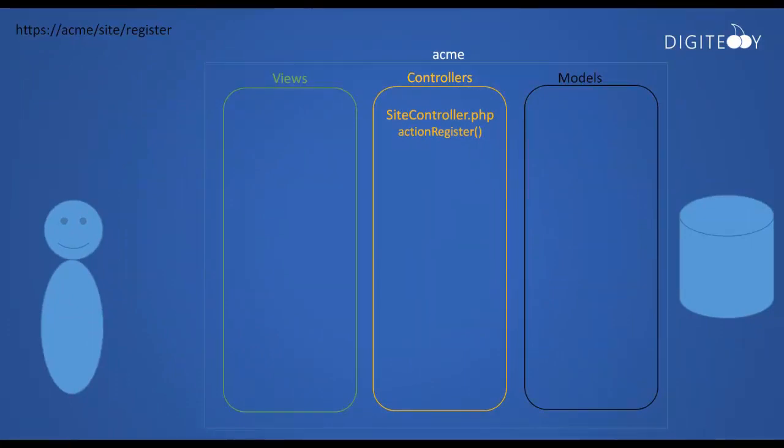Our action returns the register view in our site folder. The user sees the page where he can type his username, email address and password, and he sends this data to our action register again. So we see it was a post request here, and we can check data using this validate function from our user model.